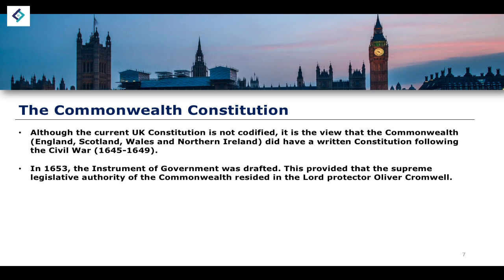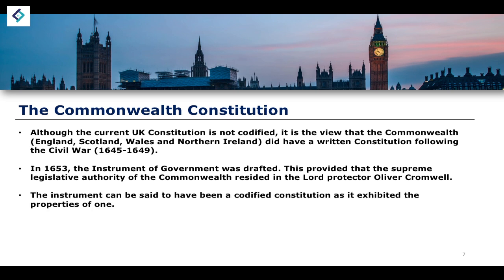In 1653, the Instrument of Government was drafted, and this provided that the supreme legislative authority of the Commonwealth resided in the Lord Protector, who was Oliver Cromwell. Now, the instrument can be said to have been a codified constitution since it exhibited a number of the properties of a codified constitution.